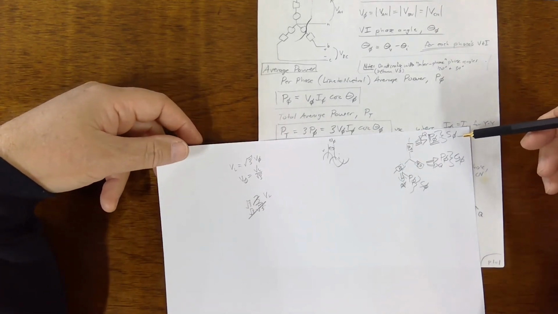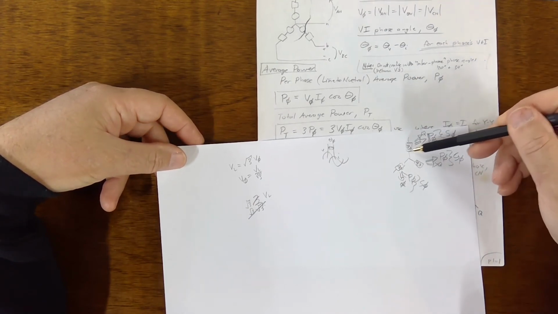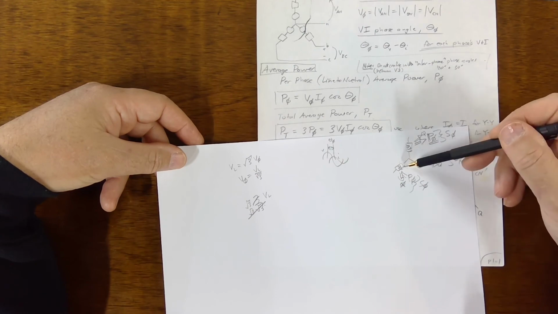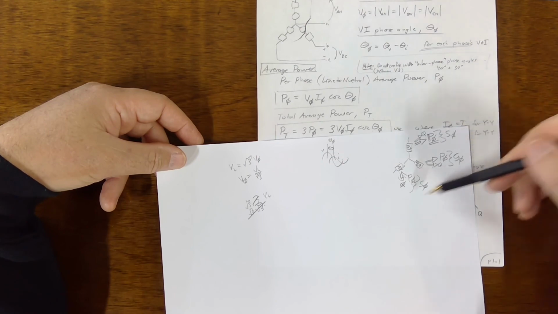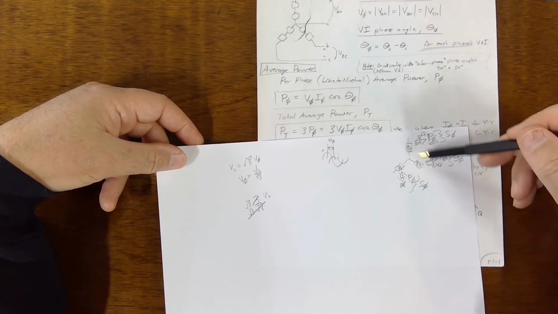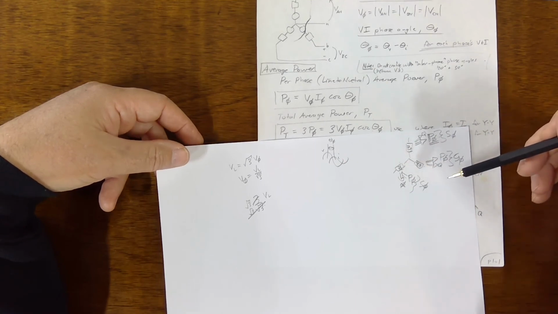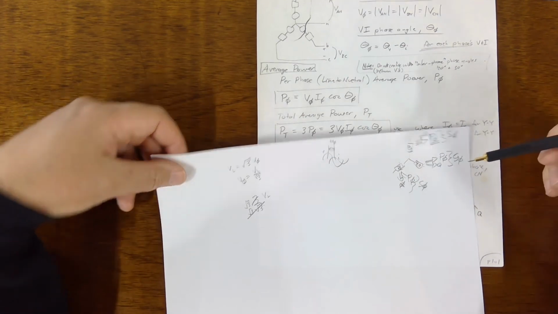And these are powers, just like these are balanced impedances. These will be balanced powers. So there's no phase angle between these because we're talking about power. And here we're talking about impedance. There's no phase angle between the impedances, between one impedance or the other.